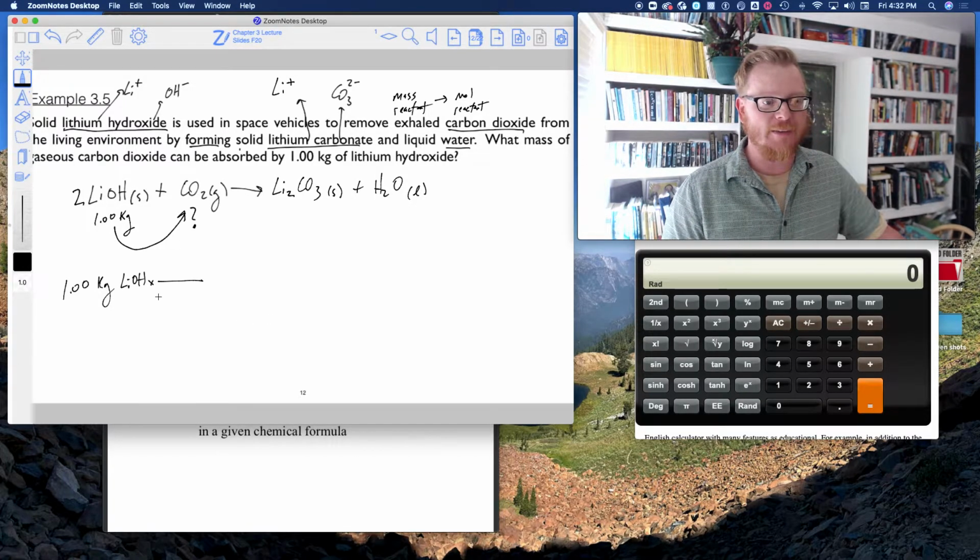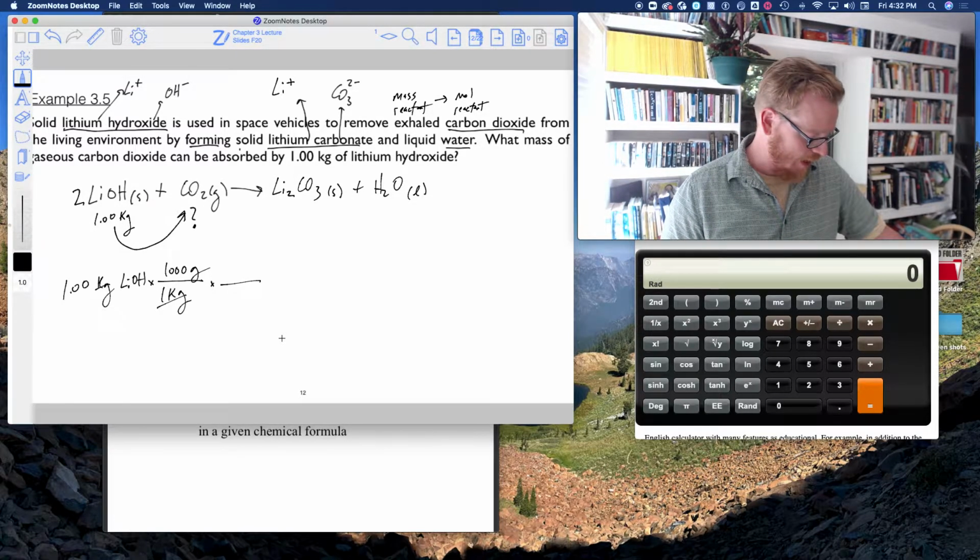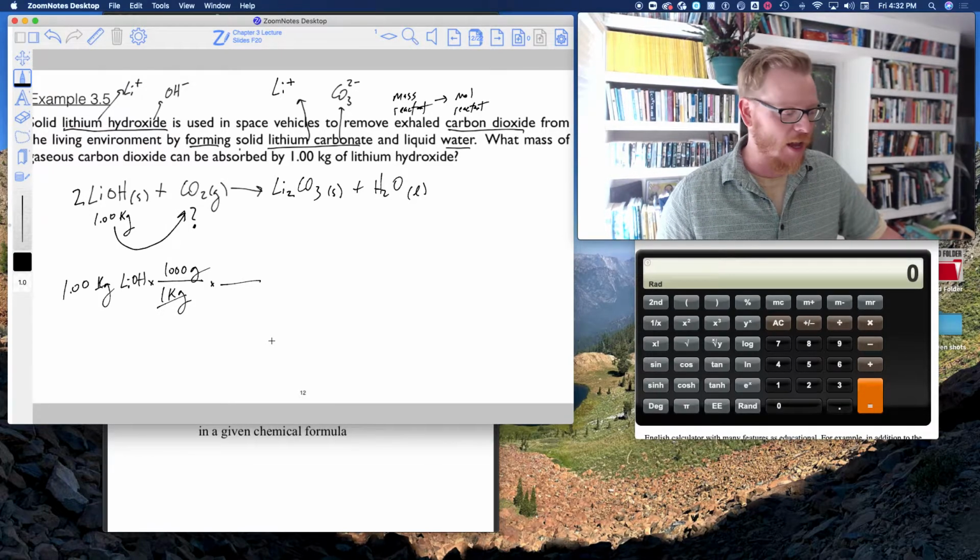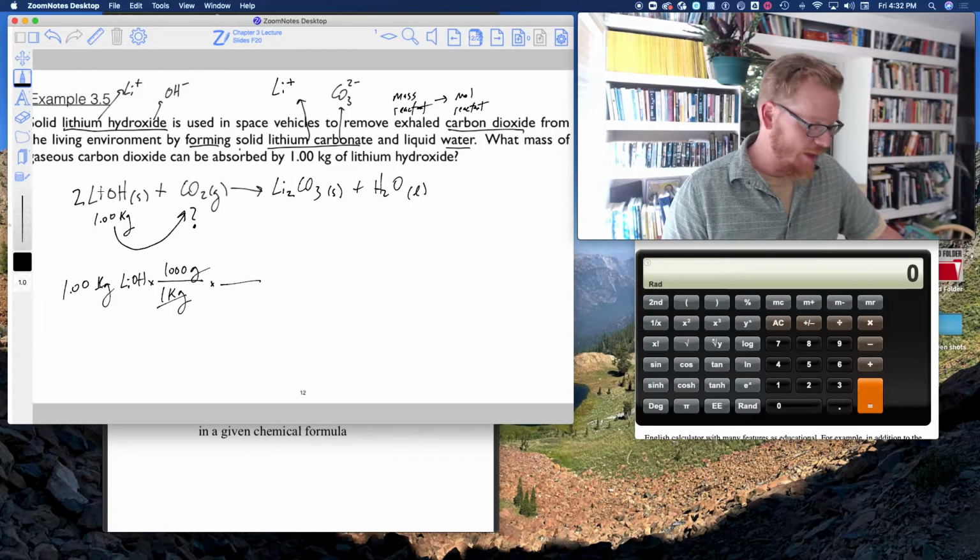So in 1 kilogram, there's 1,000 grams. That cancels the kilogram and the kilogram. Now if I look up the molar mass of lithium hydroxide, lithium plus oxygen plus hydrogen, it is 23.95 grams per mole.